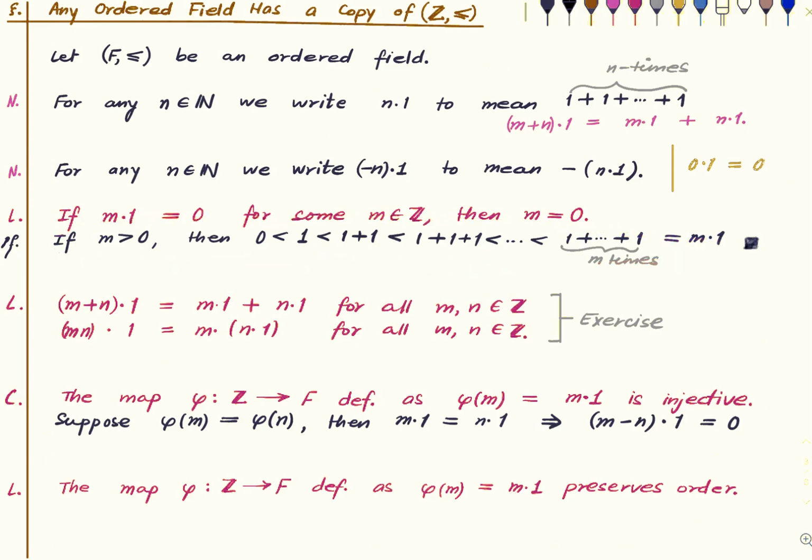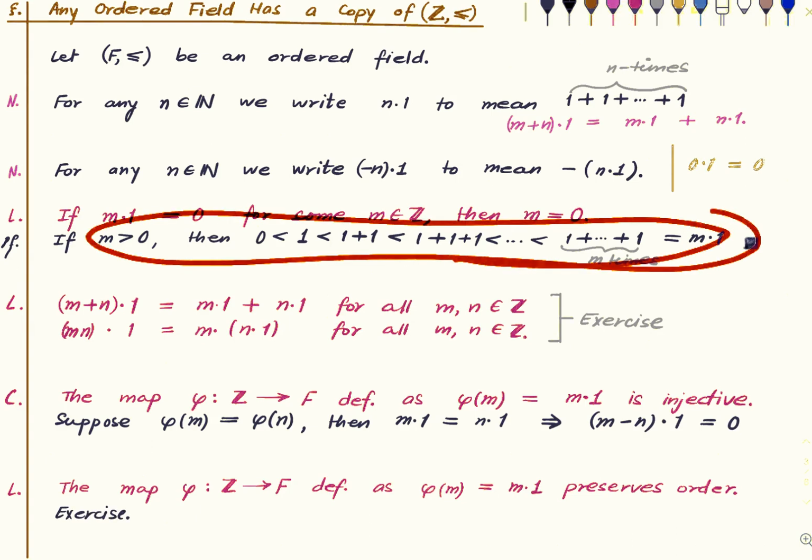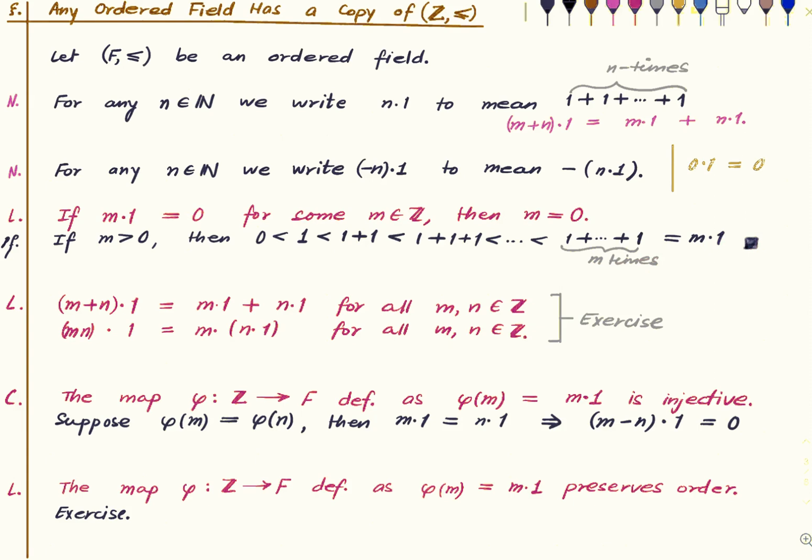So let me also leave this as an exercise. Basically, the argument is here. Okay, so we have seen that every ordered field has a natural copy of the integers sitting inside it. Previously, we saw this argument for rational numbers, but rational numbers are also ordered fields. So this generalizes the previous observation.